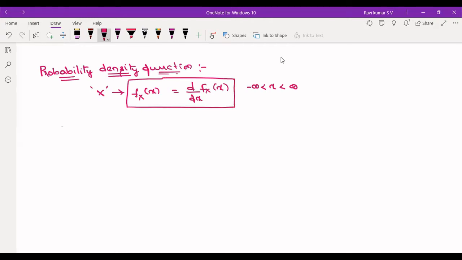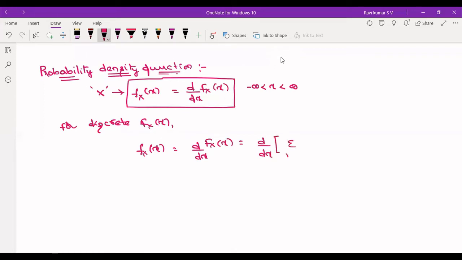Okay, now if I'm taking the distribution function as a discrete distribution function, then for discrete, the density function is given by fx of x is equal to d by dx of Fx of x, and that is given by d by dx of sigma n is equal to 1 to infinity, or instead of n you can take i, probability of xi u of x minus xi.